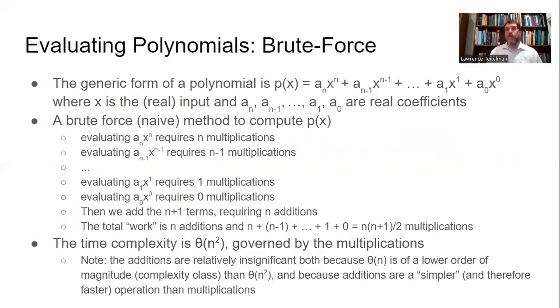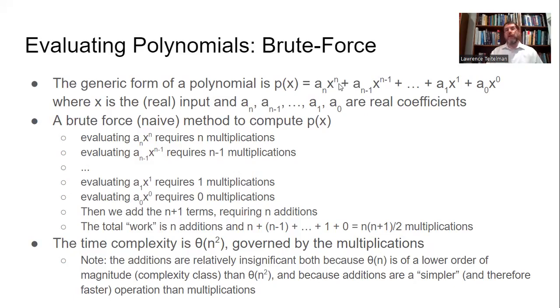And the variable can have powers, right? And it can also have coefficients. In general, the coefficients of the different powers are not necessarily the same. So this is the generic form for a polynomial of degree n, right? The highest power is n for one variable.